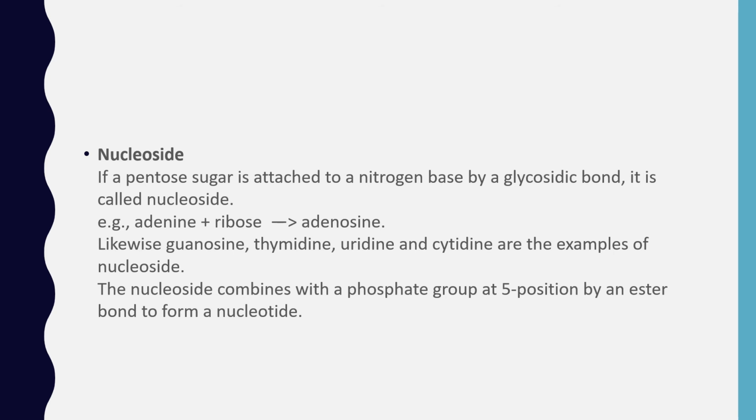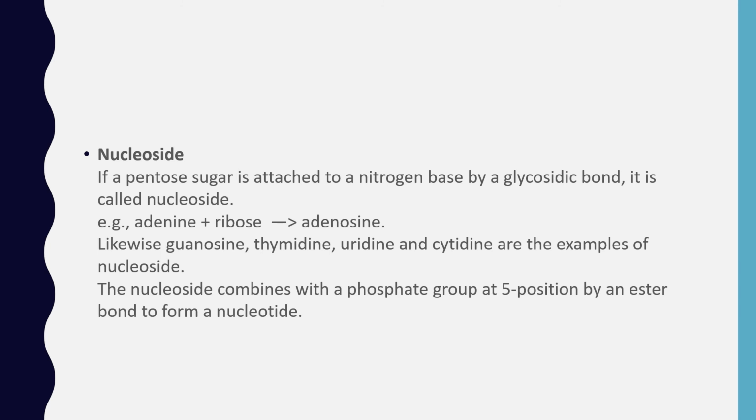These are the examples of nucleoside. You have to keep in mind these are nucleosides and those were nucleotides. So you can study by writing them in two columns, one side nucleotide and the second side nucleoside, so you will not have any confusion. Otherwise the names will confuse you.